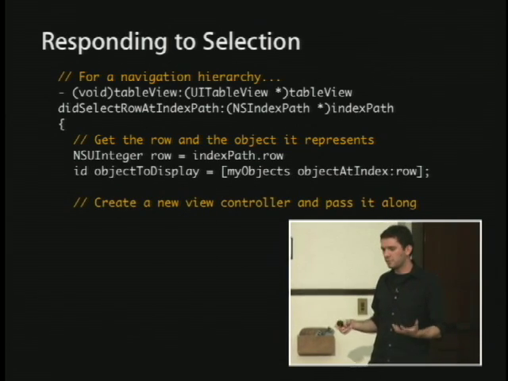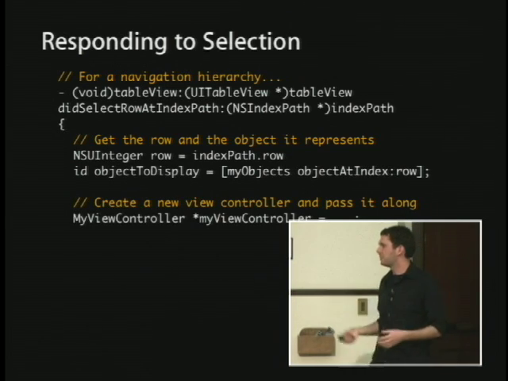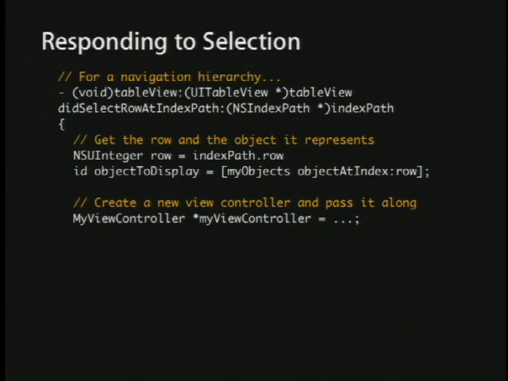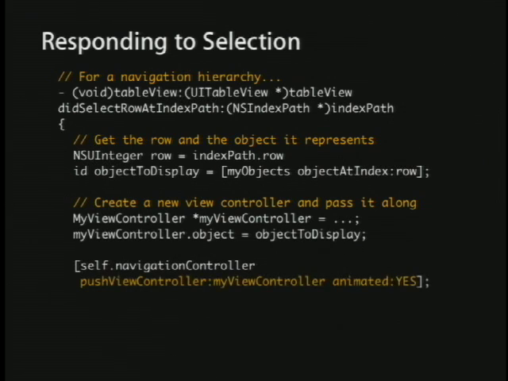We're going to create a new view controller, so we'll allocate a new UIViewController, and probably have UIViewController alloc init with my custom object and pass that object in, or we can set it on an accessor. And then we'll get self.navigationController, so we'll get our current navigation controller, and push that new view controller, and probably animate it so that it slides in and the other one slides out.